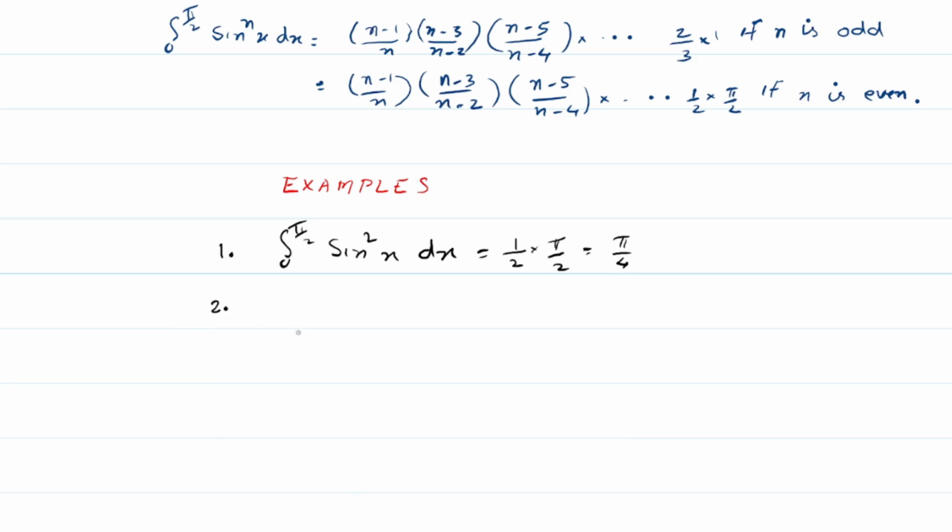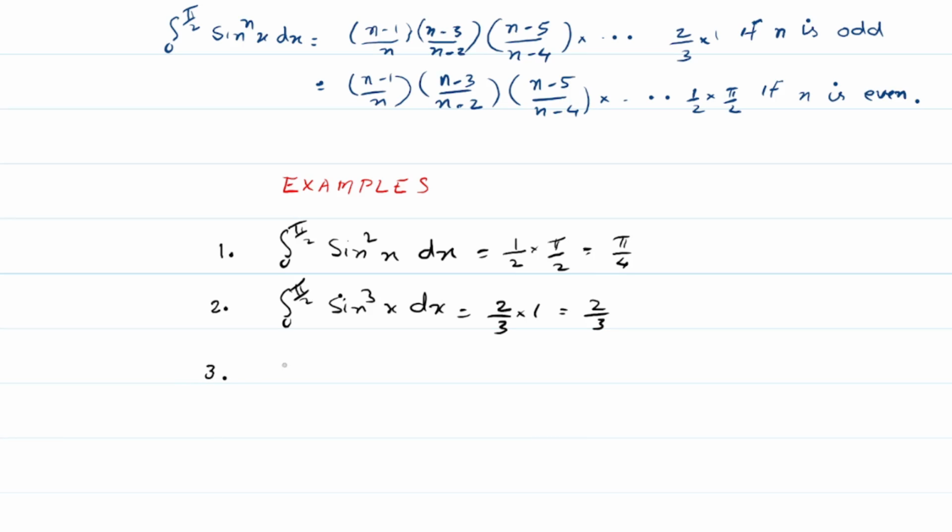Second example, integral 0 to pi by 2 sin cube x dx. The first term is 3 minus 1 by 3, that is 2 by 3. If it is ending with 2 by 3, then the last term will be 1, so equal to 2 by 3.